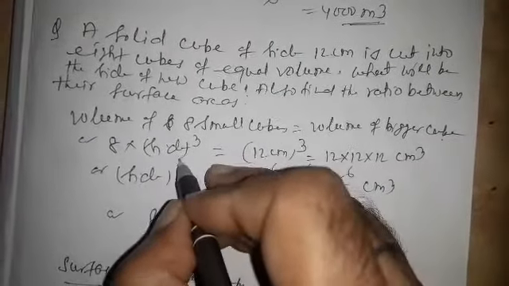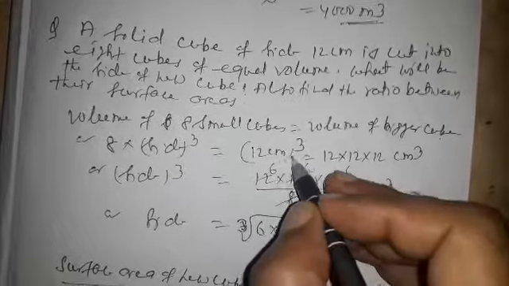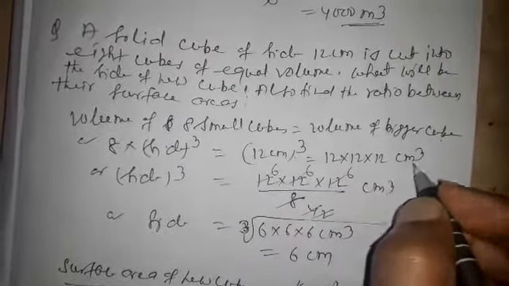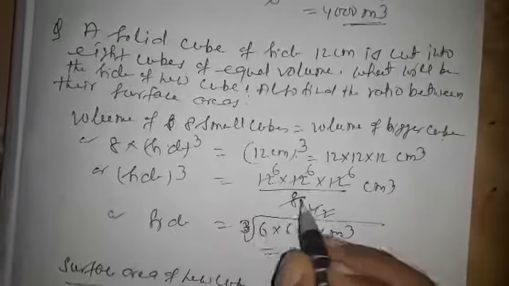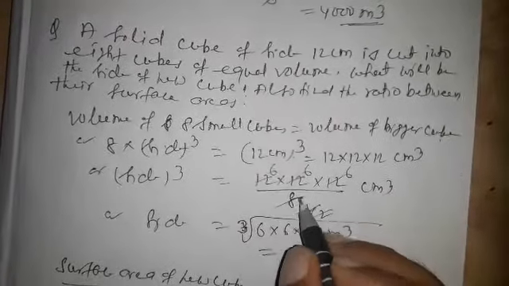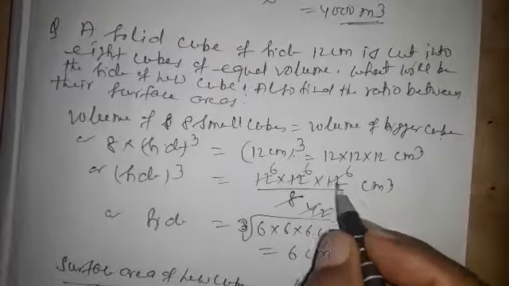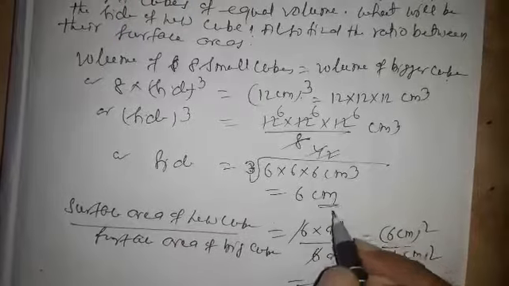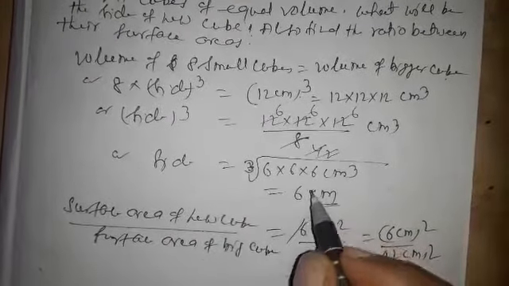It means 8 into side cube is equal to 12 into 12 into 12, because side of bigger cube is 12 centimeter. So side cube is equal to 12 into 12 into 12 by 8, and then 6 into 6 into 6 after calculation, and then side is equal to 6 centimeter for new cube.